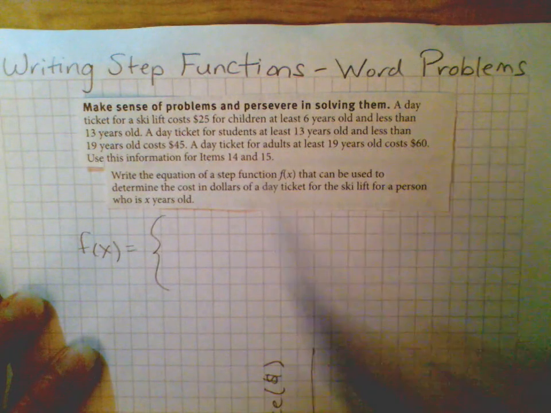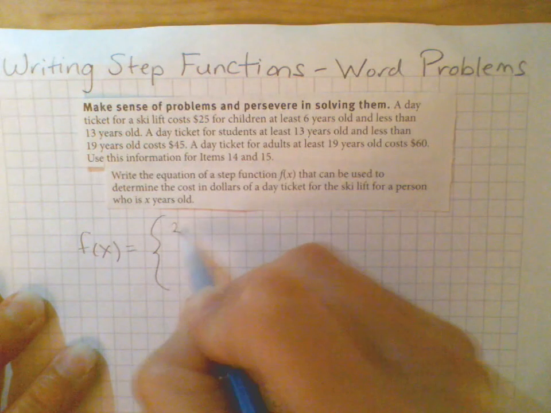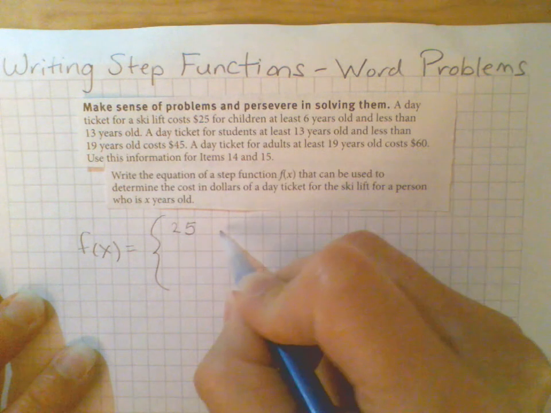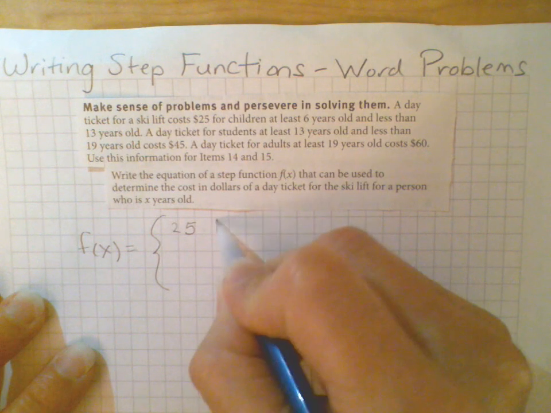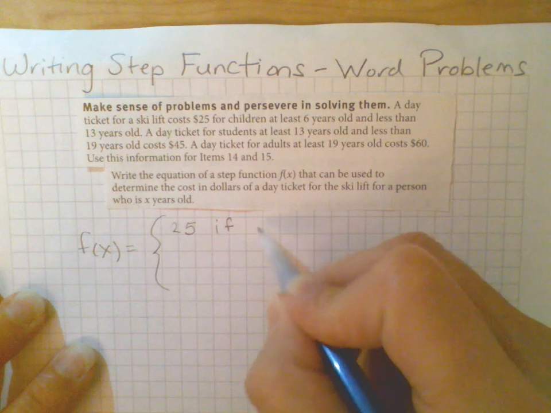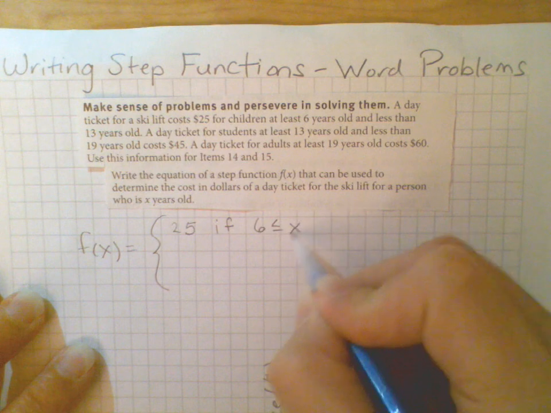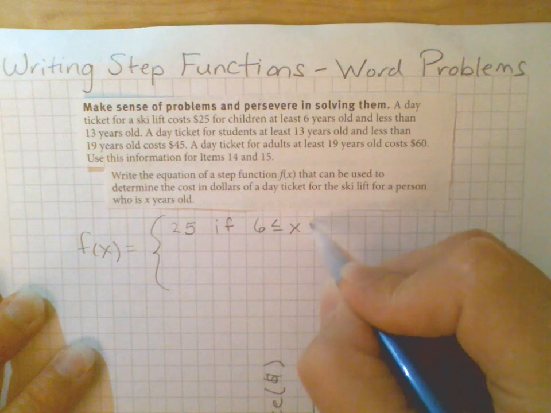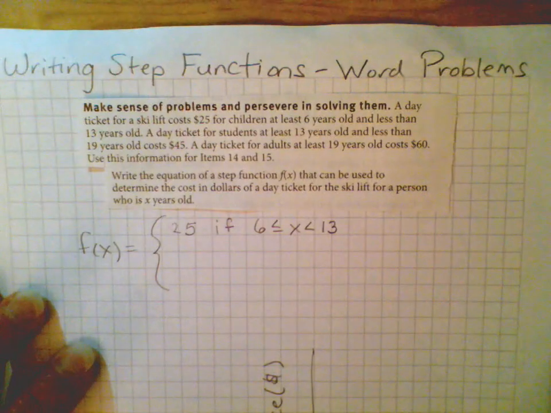Okay, so my step would be $25. That's my price. If, let's see, 6, at least 6, but less than 13. Okay, so there's the one step.